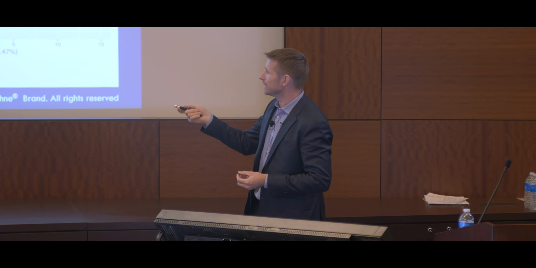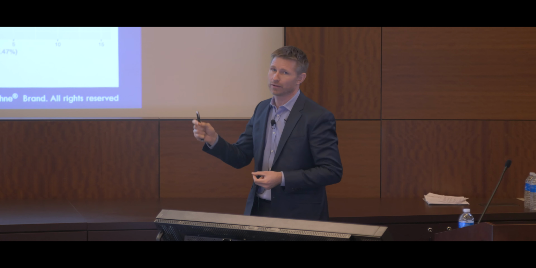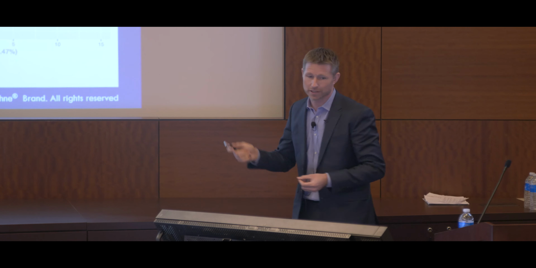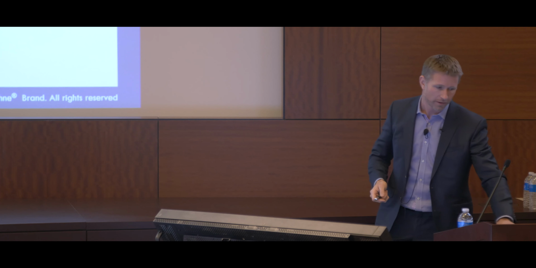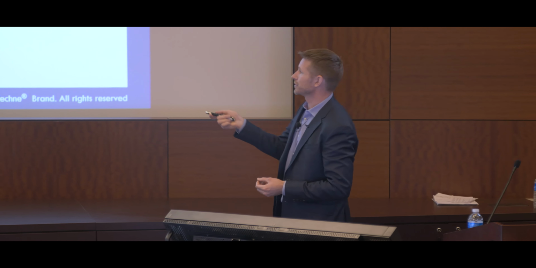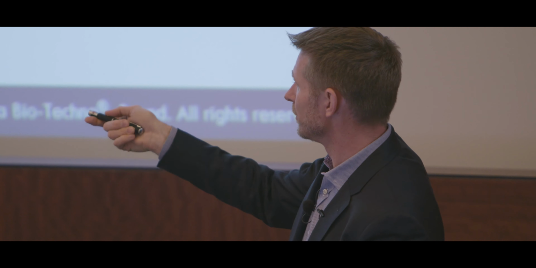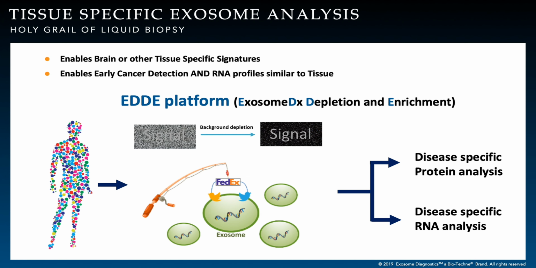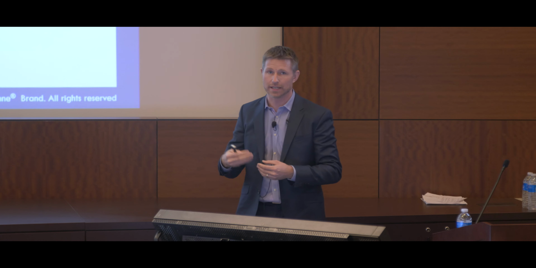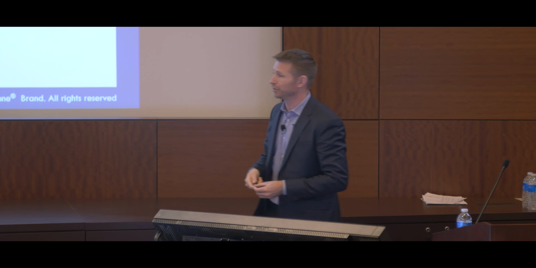So what we did in this case was that we took another aliquot of plasma from these patients and pulled down with positive selection breast cancer specific exosomes. And with that method, so you pull down the specific vesicles, you get the signal out of the noise. So you actually start to see what's coming truly from the tumor.